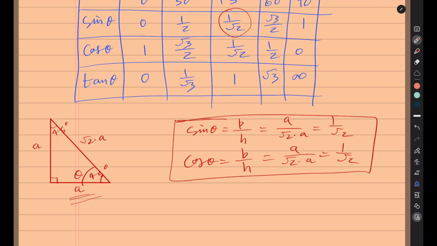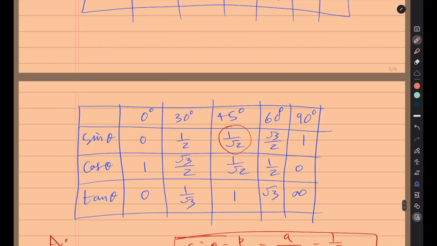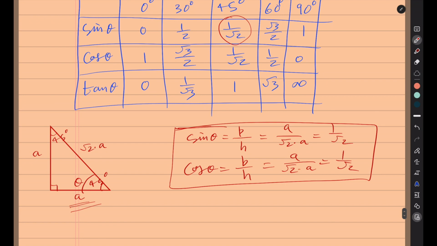What about the other way? What about some other way of finding the trigonometrical ratios?